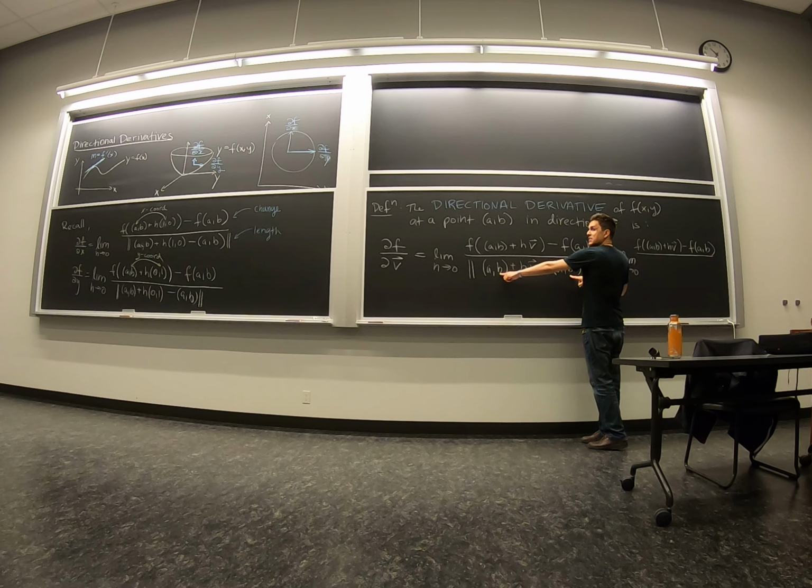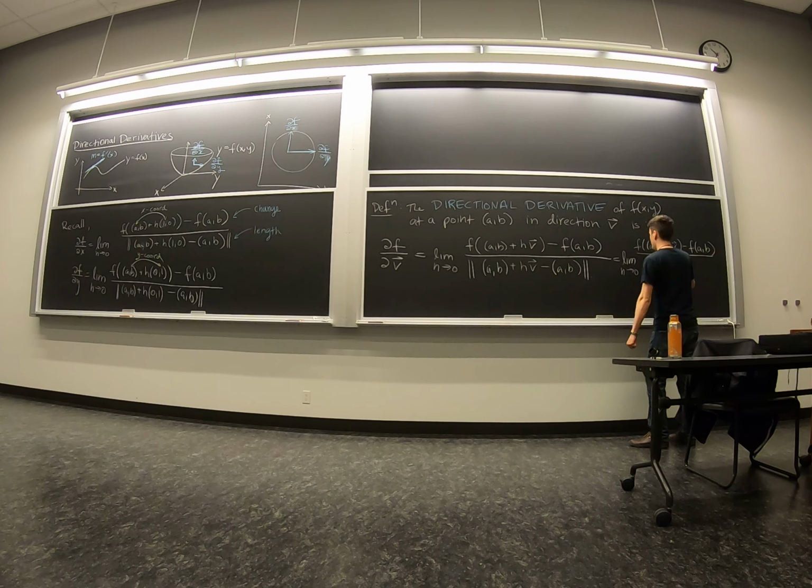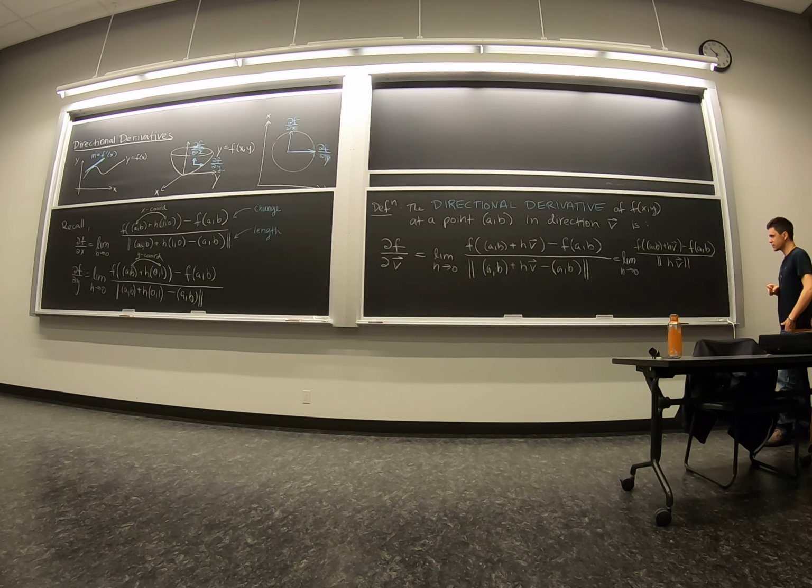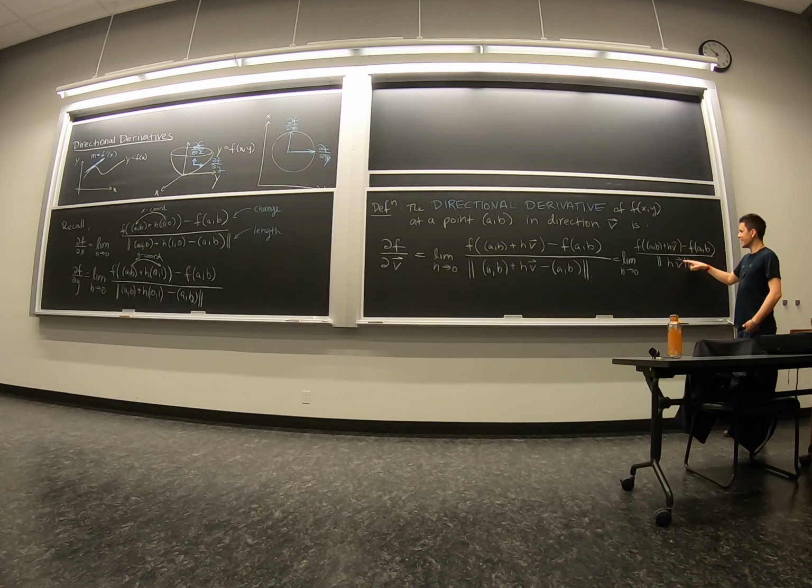These (a, b)s cancel out, and we're left with hv. And then the length of v is 1. Right?